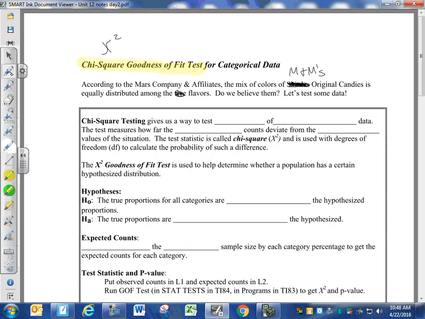Now, here's the key to this lesson. The key is we want expected values, okay? We are going to test counts of categorical data, just like amounts.